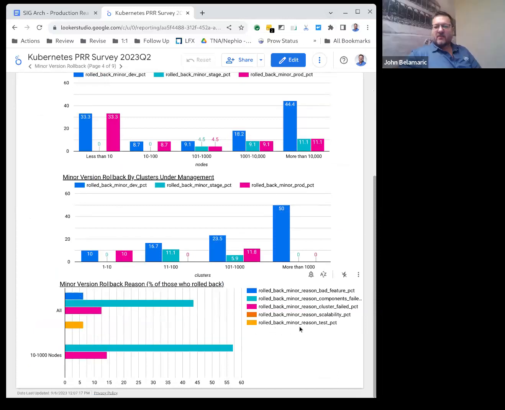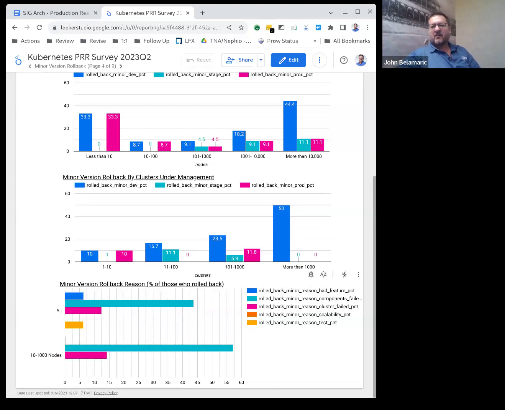The reasons we have are: it was a test, which hopefully they're not doing in production; there was a scalability failure, where the whole cluster just imploded; specific components started failing; or there was a specific feature they wanted out of the new version that was broken and didn't work for them.